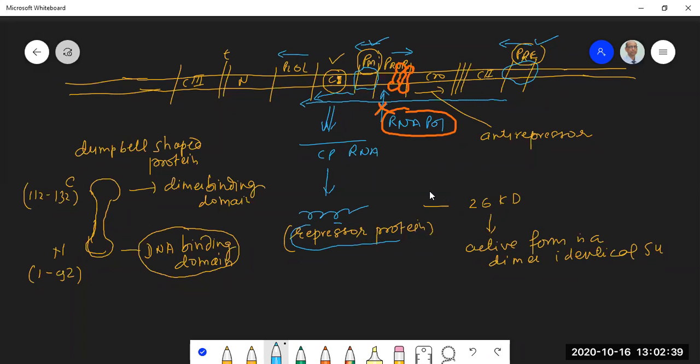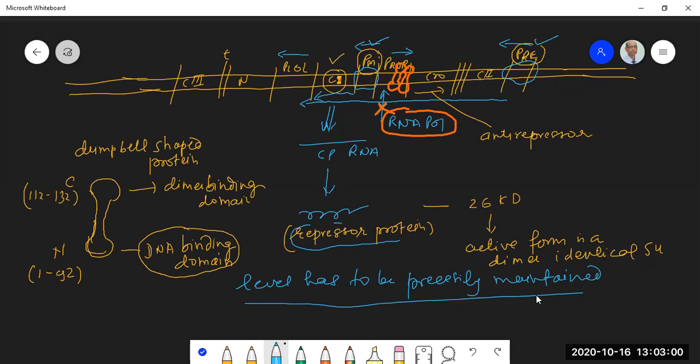Now this repressor protein, its level has to be precisely maintained. Why precisely maintained?